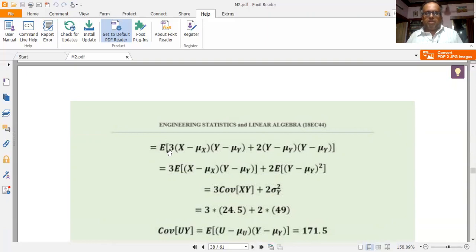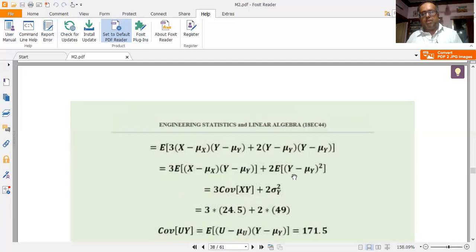This is equal to the expected value of 3 into (X minus mu X) into (Y minus mu Y) plus 2 into (Y minus mu Y) into (Y minus mu Y). Or I get 3 into E of (X minus mu X) into (Y minus mu Y) plus 2 into E of (Y minus mu Y) the whole square. Now recall what this is. The first term corresponds to the definition of covariance of X and Y, that is COV XY.